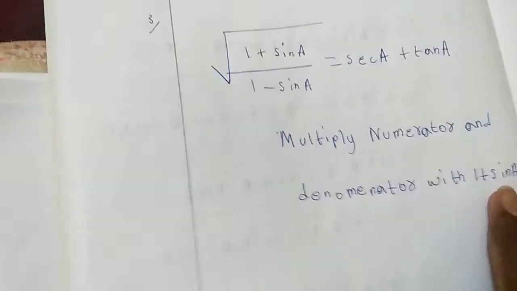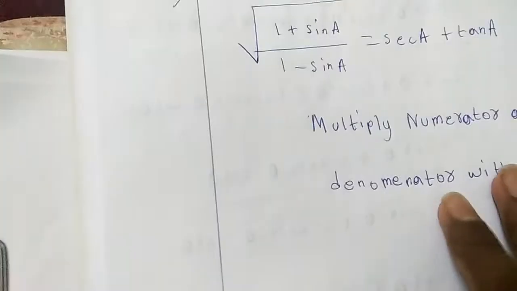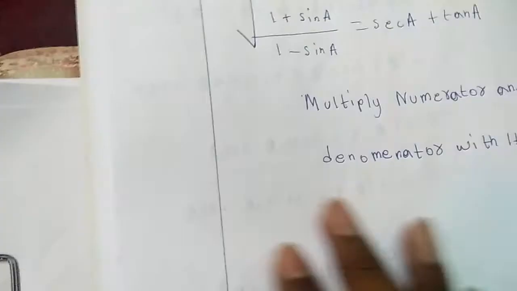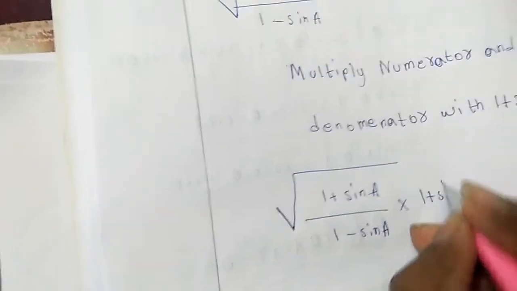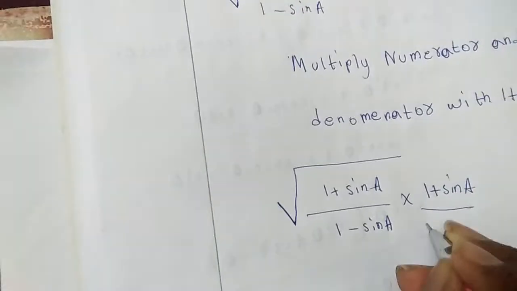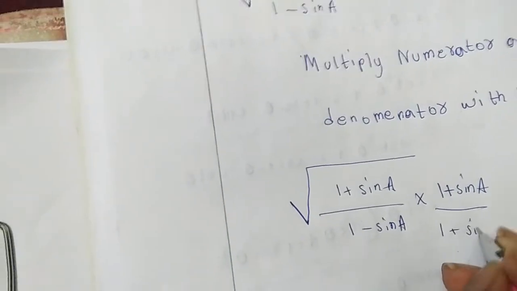Already I told these sums in my previous videos, but I am saying now these are examples, as the board exams are near, so practice these well. Root over 1 plus sin a by 1 minus sin a into 1 plus sin a by 1 plus sin a.